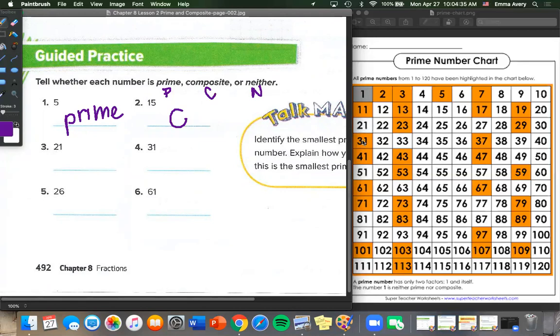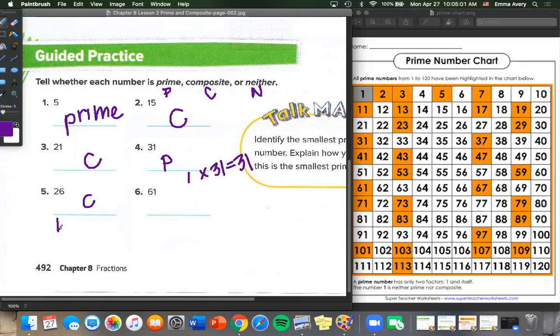Well, 21 is not highlighted, so this must be a composite number. Now, what about 31? 31 is highlighted. There's nothing but 1 times 31 that equals 31. So this one's prime. What about 26? 26 isn't highlighted, so it must be composite.